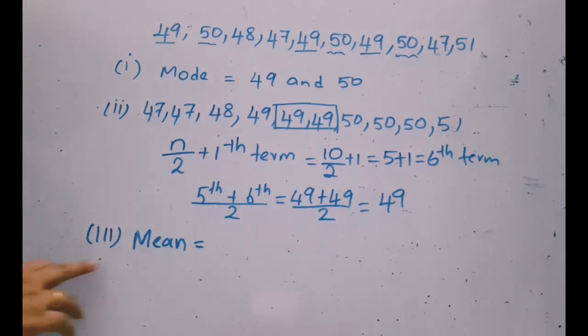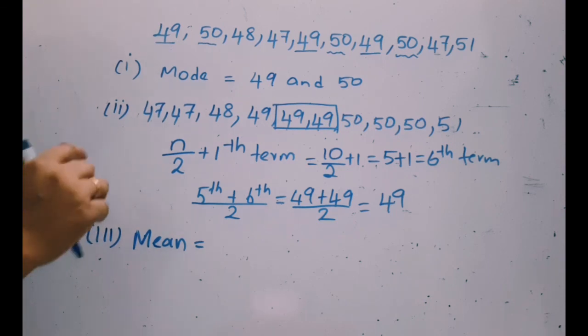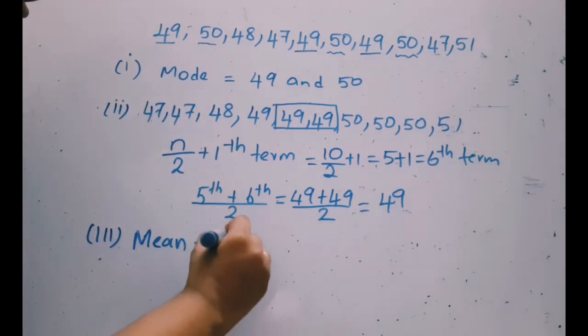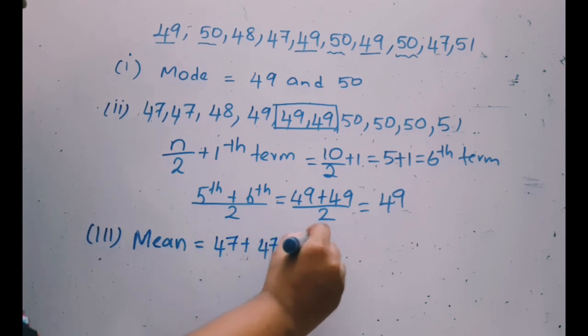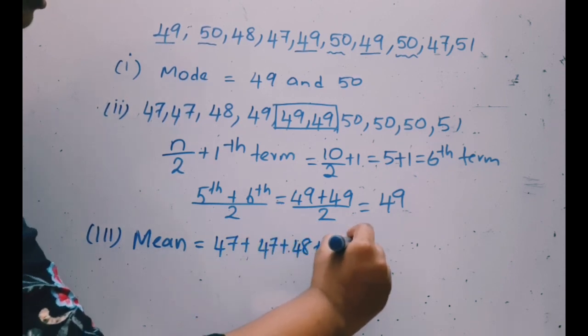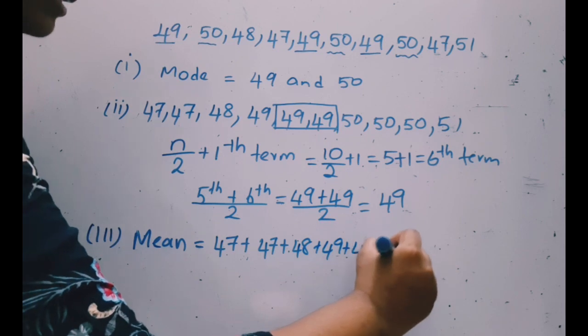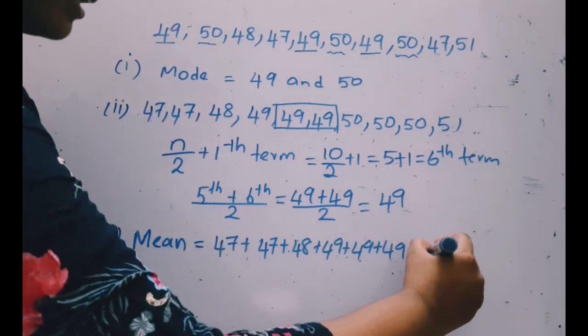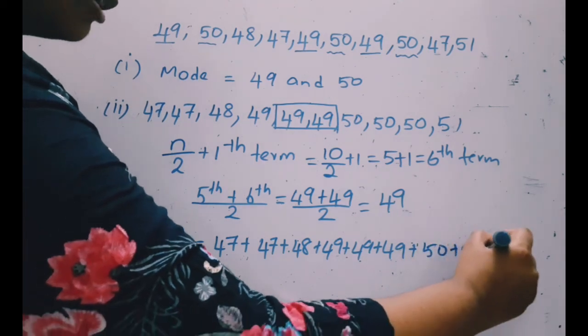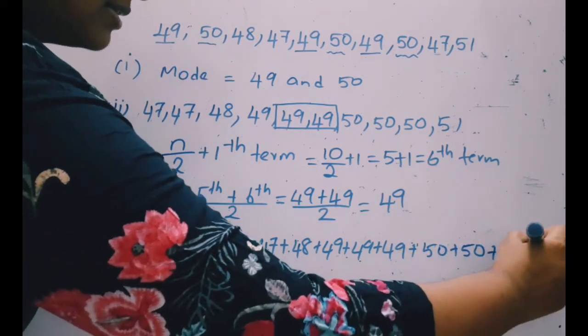So at last, let's find the mean of the data. In order to find the mean, we should add all the data first. 47 plus 48, 49. This step is unnecessary children. You do not have to show this, but I am writing it in here in order to give you an understanding.